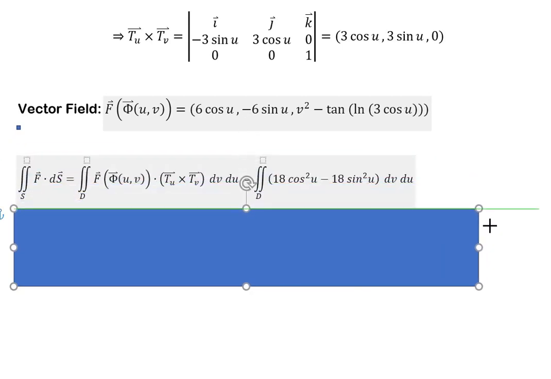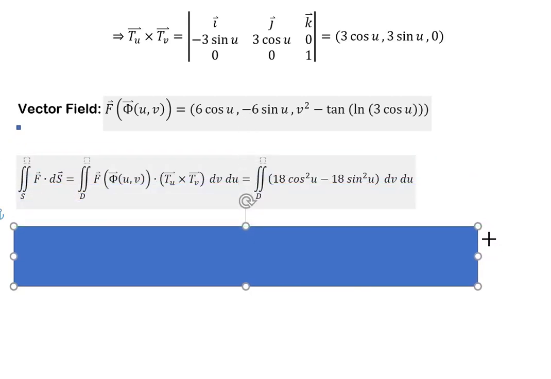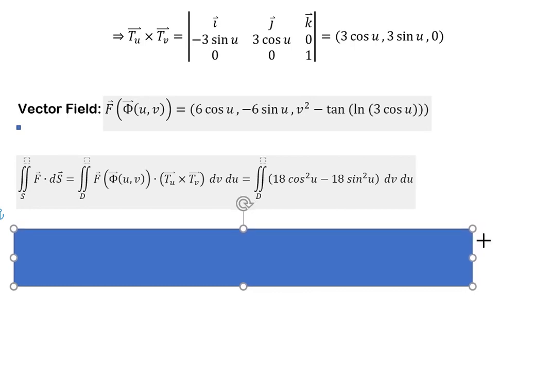So that dot product is going to become the integrand in our double integral. If you take the dot product of capital F hat and our cross product vector, we get 18 cosine squared u minus 18 sine squared u dv du. Now, if we pull the common factor of 18 out, we're left with cosine squared u minus sine squared u, and we can use a trig identity.